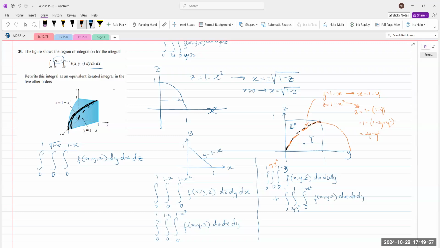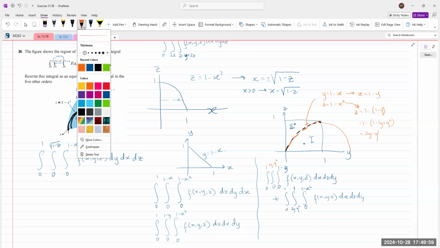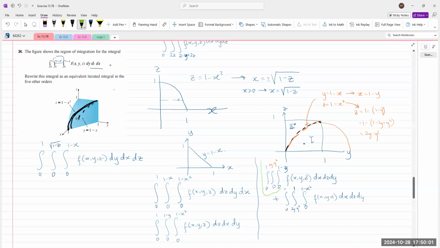Okay, let me put a mark. This is the first region, and this is the second region.